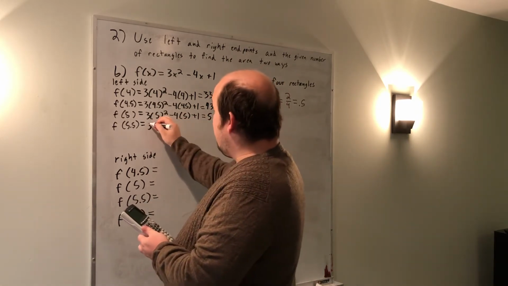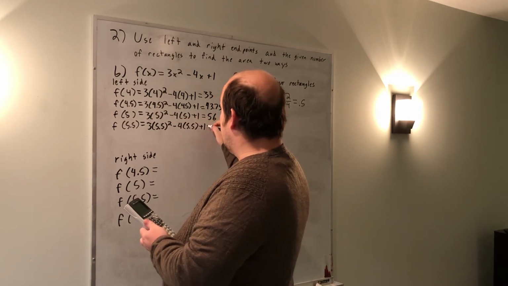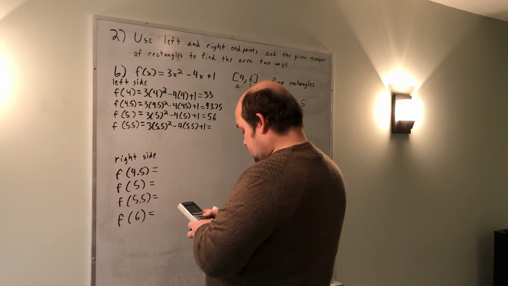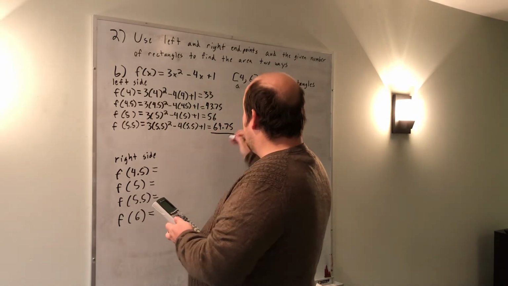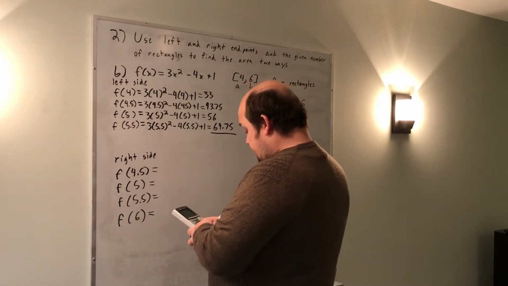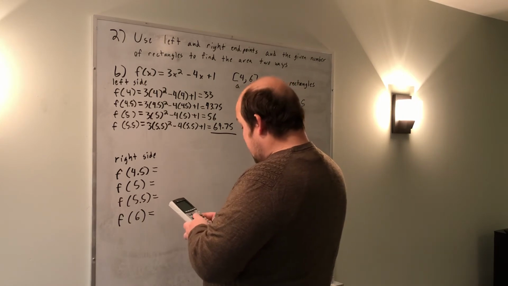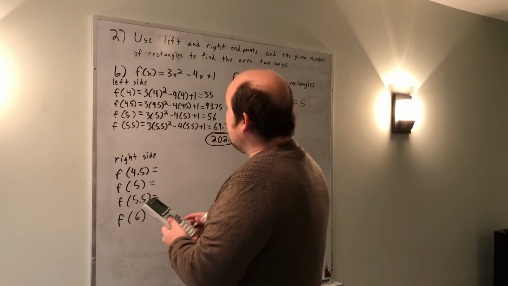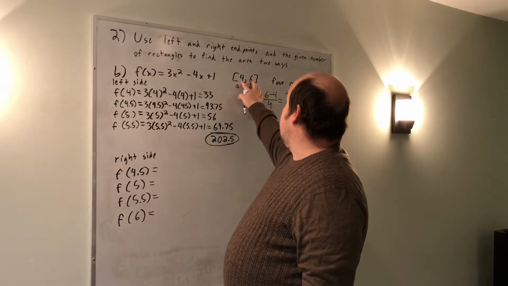When I do it for 5.5, 3 times 5.5 squared minus 4 times 5.5 plus 1, that gives me 69.75. When I add all these together, 33 plus 43.75 plus 56 plus 69.75, I get a total of 202.5, which is the correct answer for the left-sided rectangles of this equation between 4 and 6.